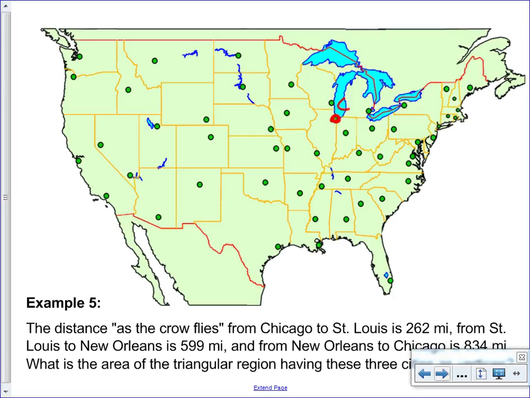That's Iowa. This is Missouri, right here. That's St. Louis. Mark it on your paper, by the way. And New Orleans, that's easy. New Orleans is right here.